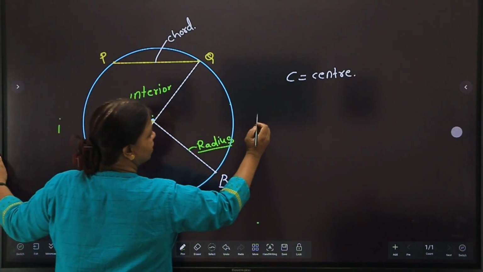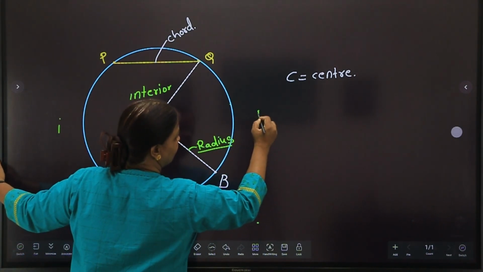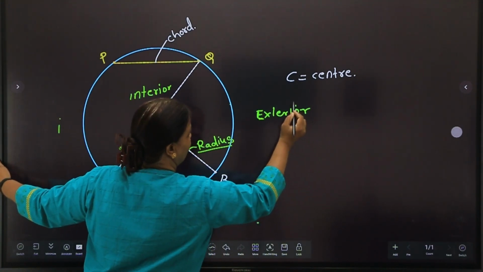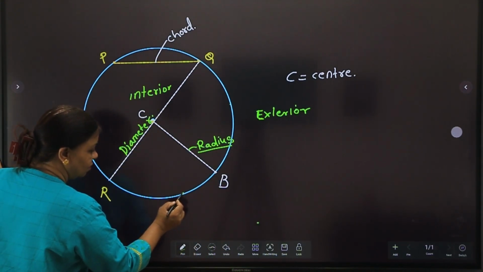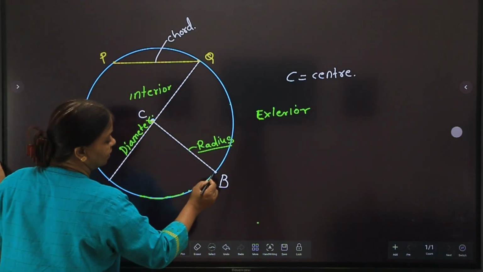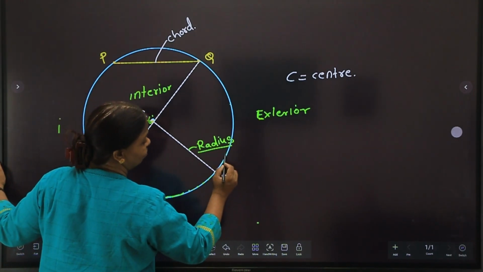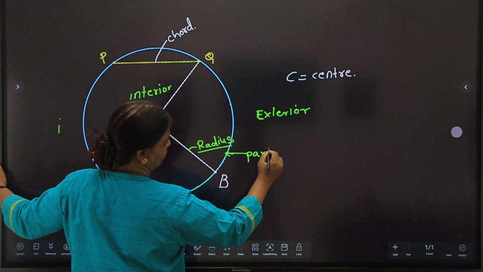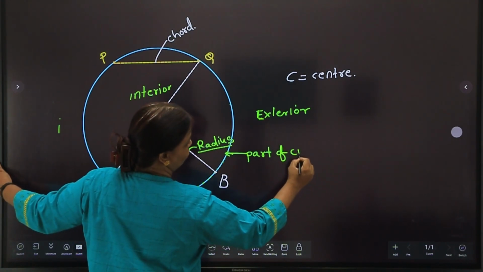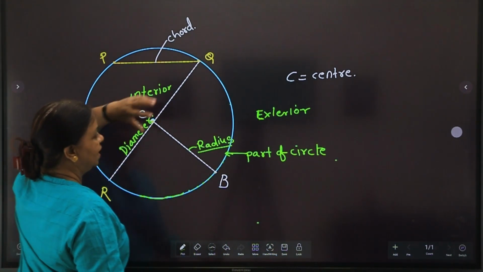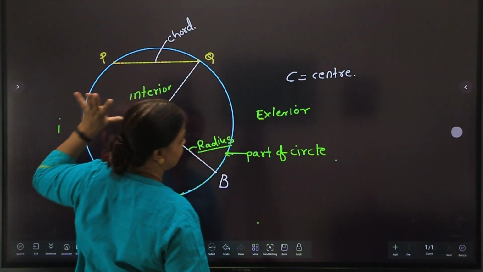The area which is outside is known as exterior, and the part which is on the circle is known as the part on the circle. So, there are 3 parts of the circle: interior, exterior and on the circle.